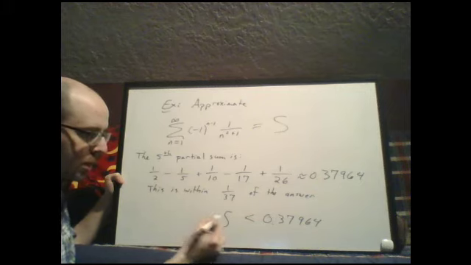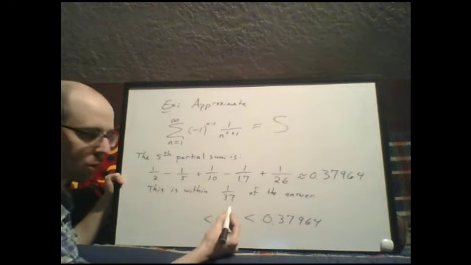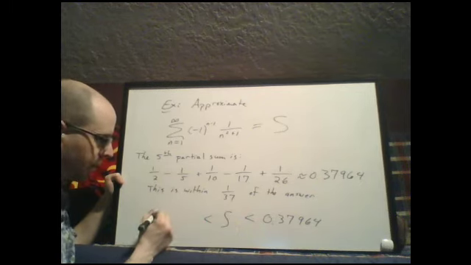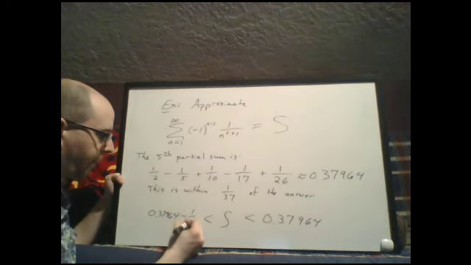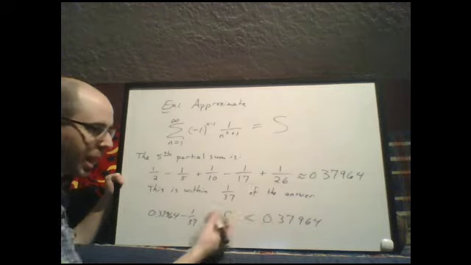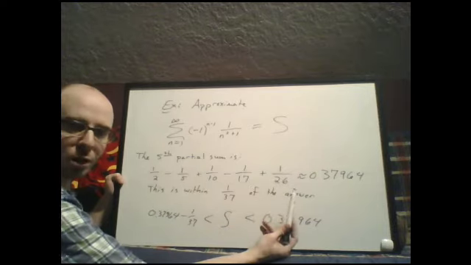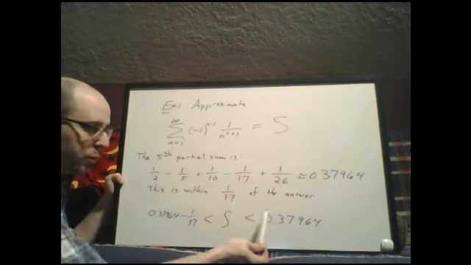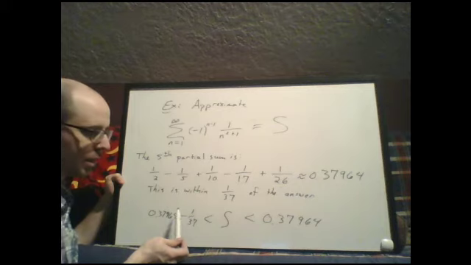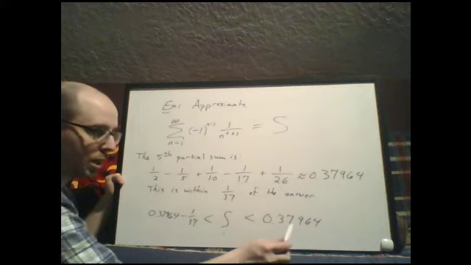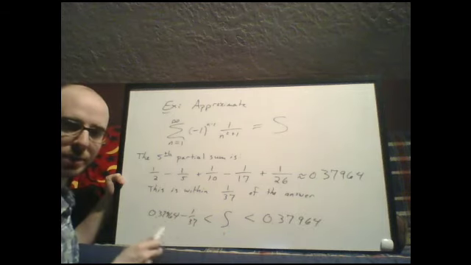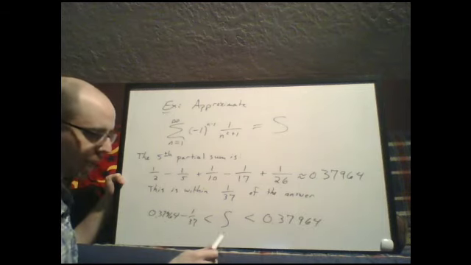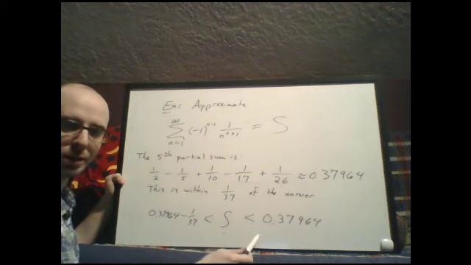The smallest it could be would be this minus 1 over 37, because when I do the next term, I'm subtracting 1 over 37. That's going to overshoot my answer. So the actual answer is between where I'm currently sitting in my sum and that minus the next term in the series. So the actual value is in between those two things.